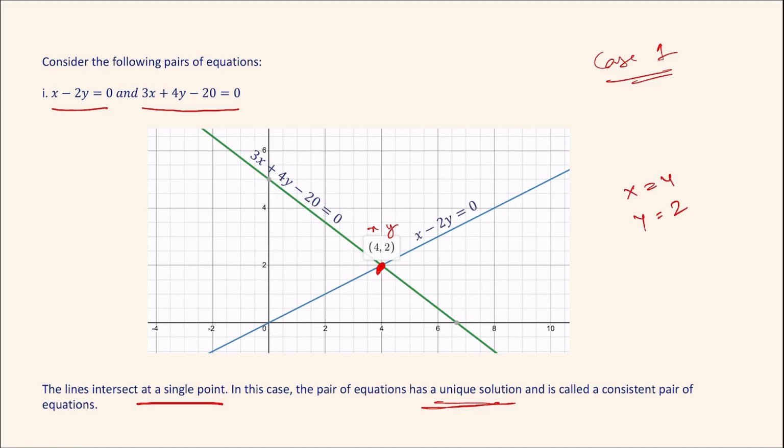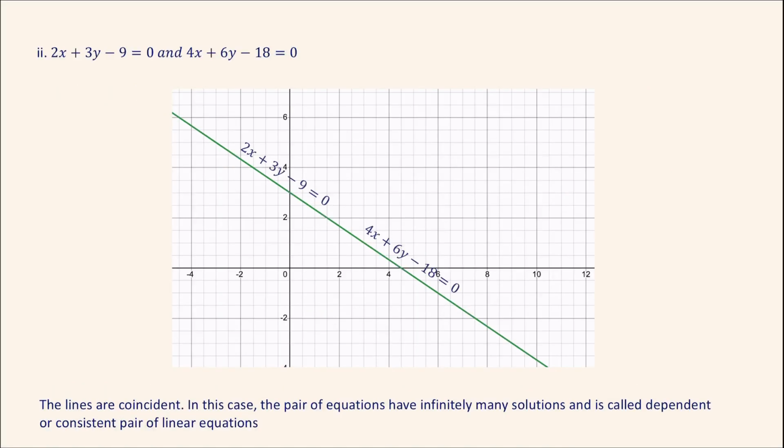This is called a consistent pair of equations. So when two linear equations in two variables intersect, they have a unique solution and are called a consistent pair of equations. Okay, now let's look at case 2.